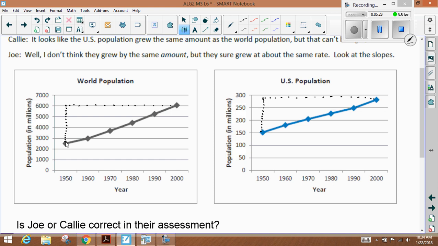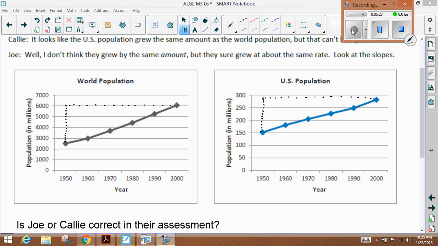And it does look like those slopes are very similar. Those slopes do look about the same, don't they? All right. So let's say, is Joe or Callie correct? Let's calculate those slopes real quick.